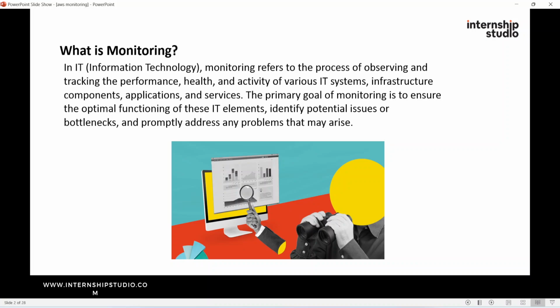IT monitoring here emerges as the indispensable tool for cultivating a resilient, flourishing, and adaptive digital ecosystem, ensuring that the garden of technology yields a very bountiful harvest for the organization. So this was a small analogy that we had.